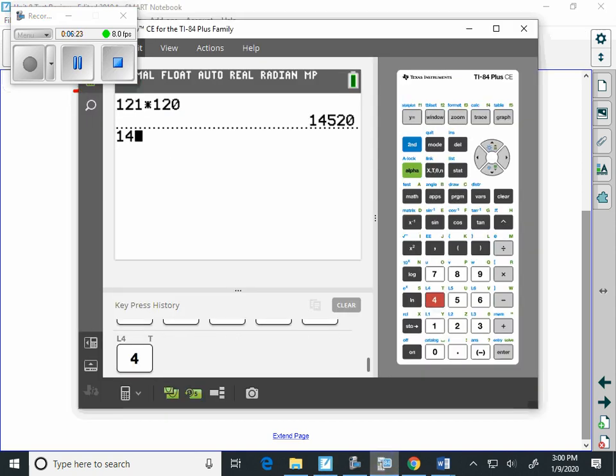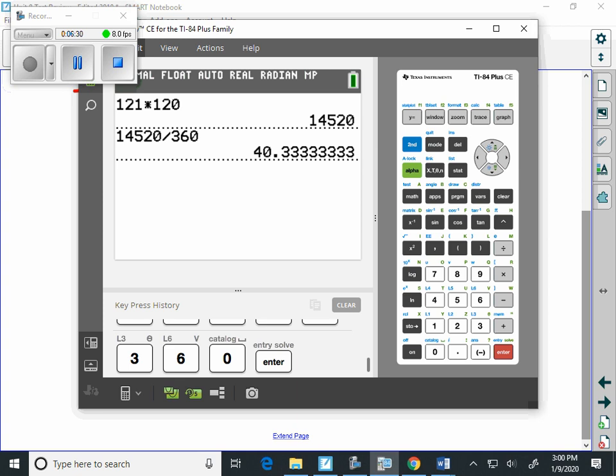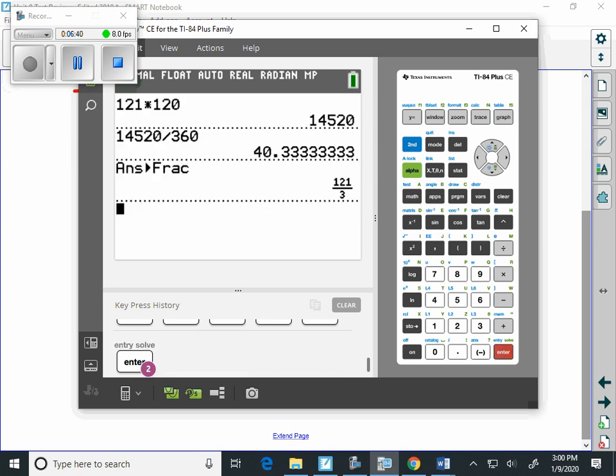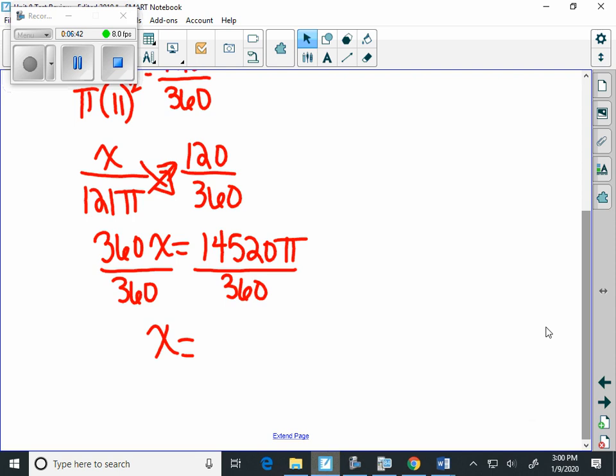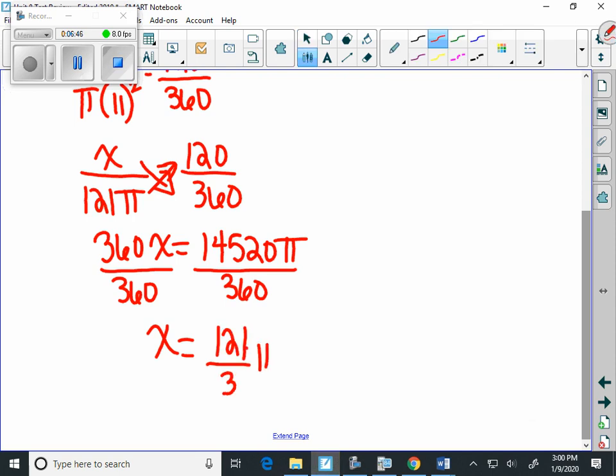So 14,520 divided by 360 gives us that big long decimal. But again, I wasn't specific on what we should round to. I left pi in there, so I'm going to go math, enter, enter. We get 121 over 3 pi.